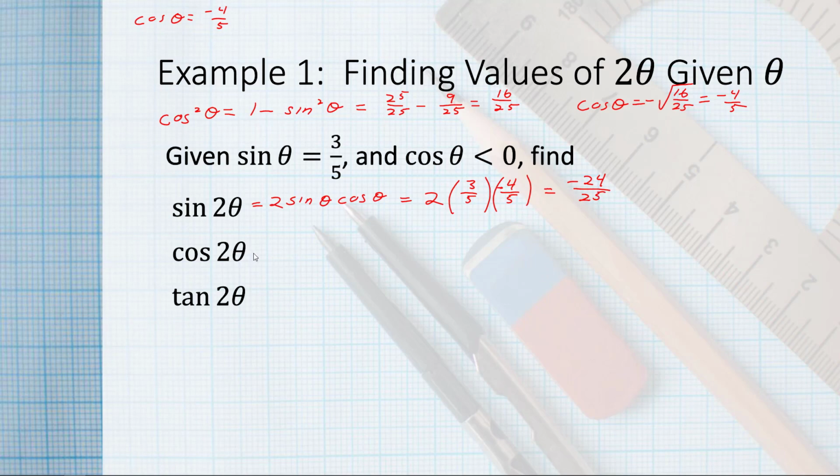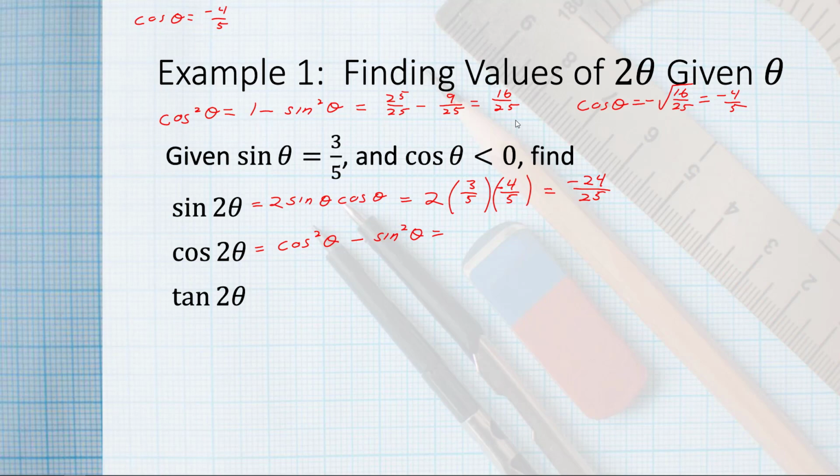Now to find the cosine of 2 theta, we actually have a number of identities we can use, but since we know what cosine squared theta is and what sine squared theta is, why don't we just go ahead and use that one. So we will have that cosine of 2 theta is equal to cosine squared theta minus sine squared theta.